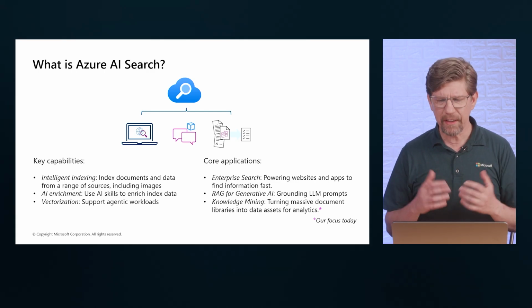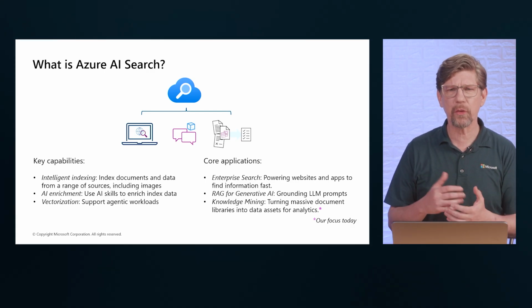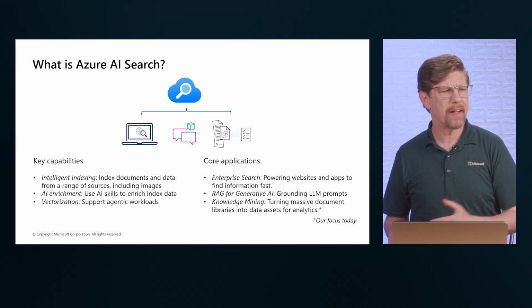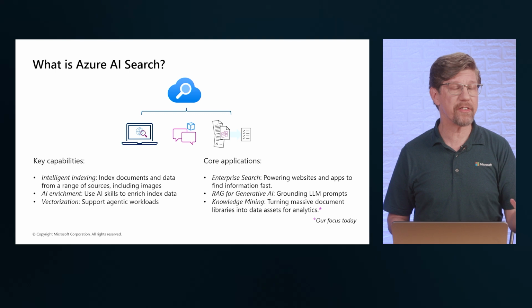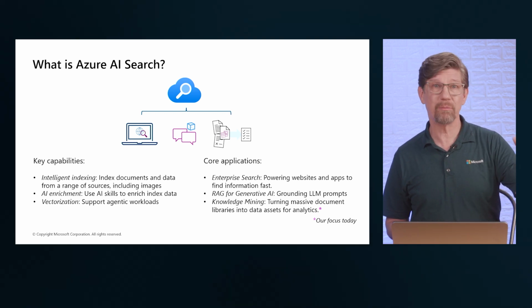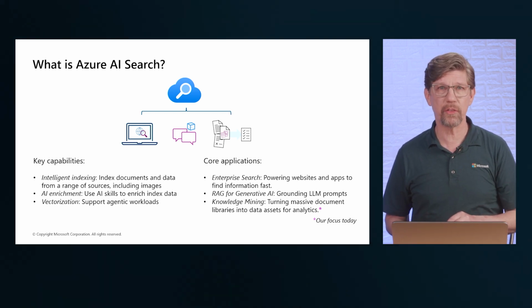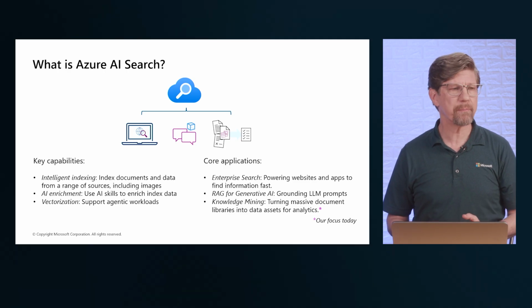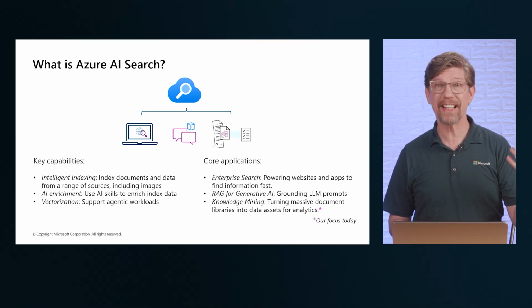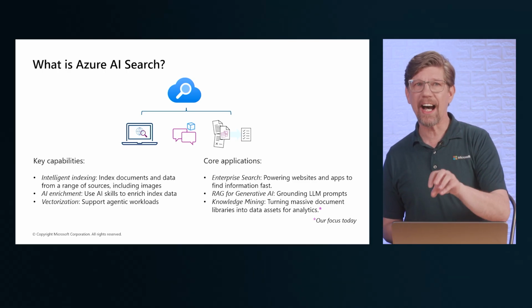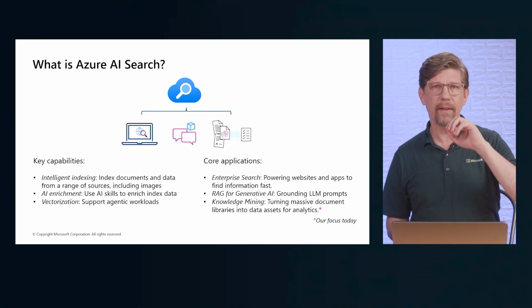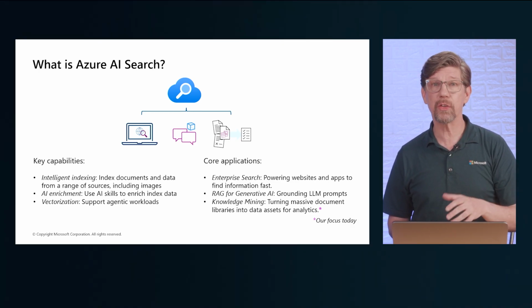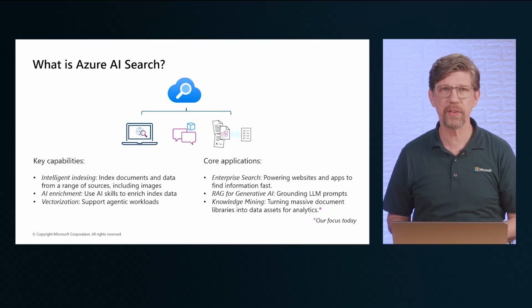And finally, it has the ability to create what's called a knowledge store. Because if I'm pulling information in from, say, a PDF, that PDF is likely to have a whole bunch of text. Well, that's easy. That can go into search pretty easily. But it's also likely to have things like images. Well, we can use AI components on those images to store a description of that image or to store tags of that image.